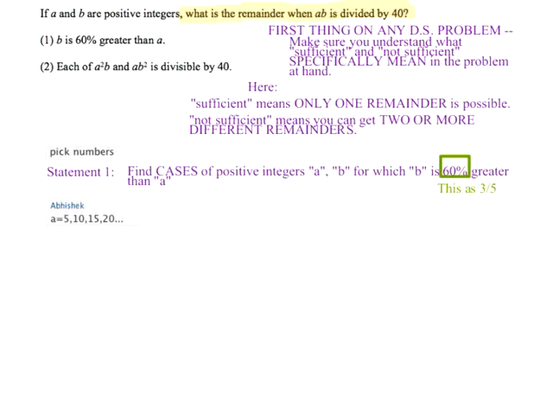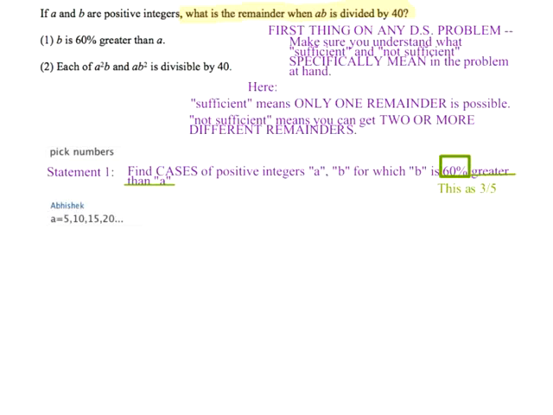So you need it to be that much greater than A, which means you have to have an A that you can take 3/5 of. And if you don't realize that, if you just trial and error, if you just throw a bunch of numbers in there, it'll be pretty clear after not too long.